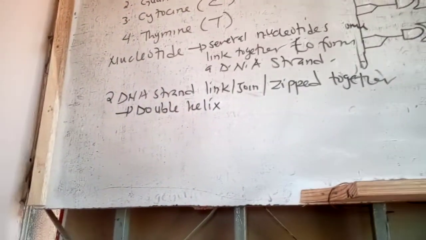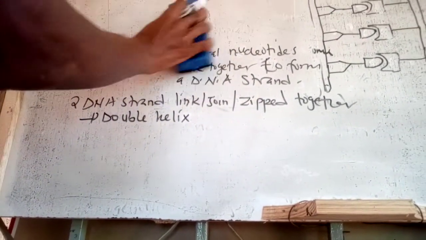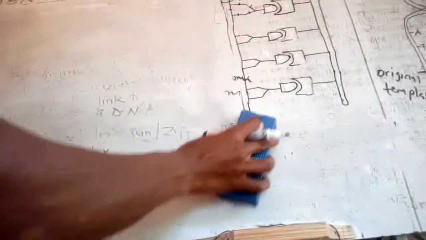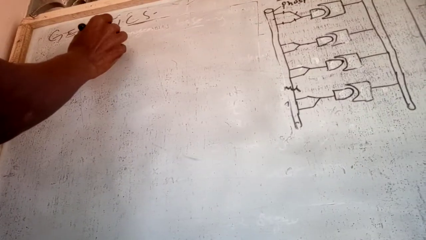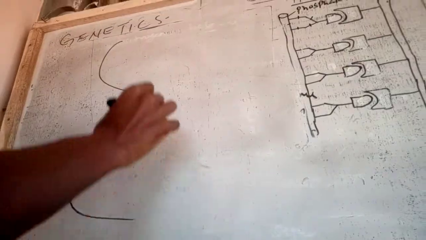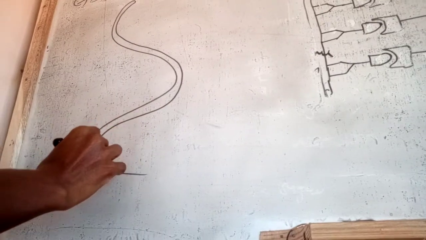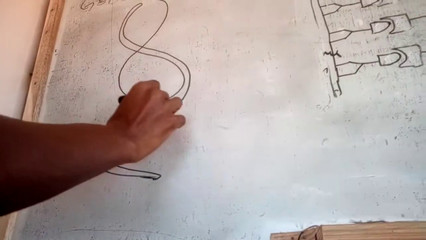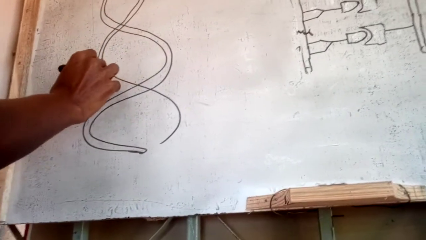And as far as the linking is concerned, I can draw a DNA double helix molecule and explain to you how it is formed. You can see that here I can draw one of them. That is one strand, just like one part of a zip. Then the other one will come like this, and you can see it is like a zip.